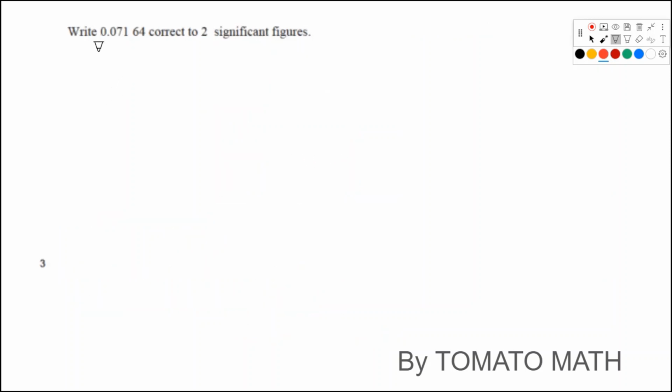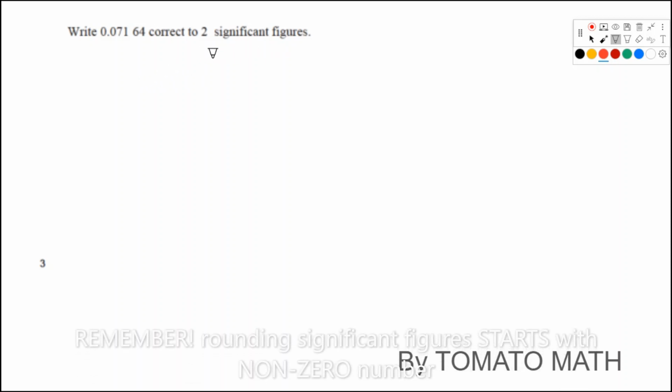Next one, write down 0.07164 correct to two significant figures. So remember that two significant figures, we don't include 0 as a significant figure, so we will start from the non-zero number.